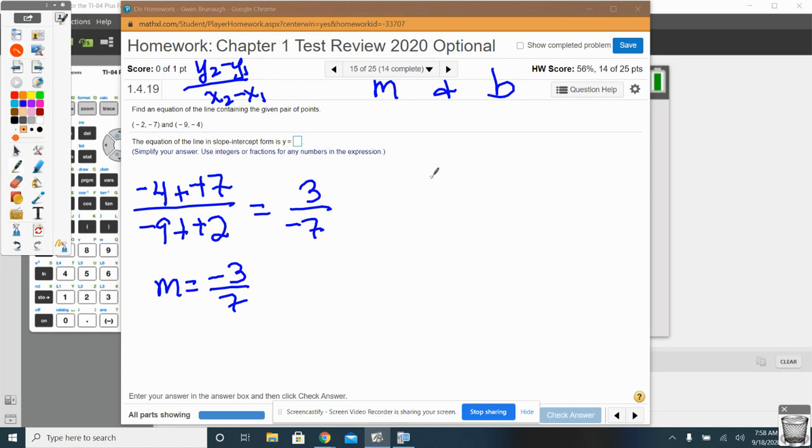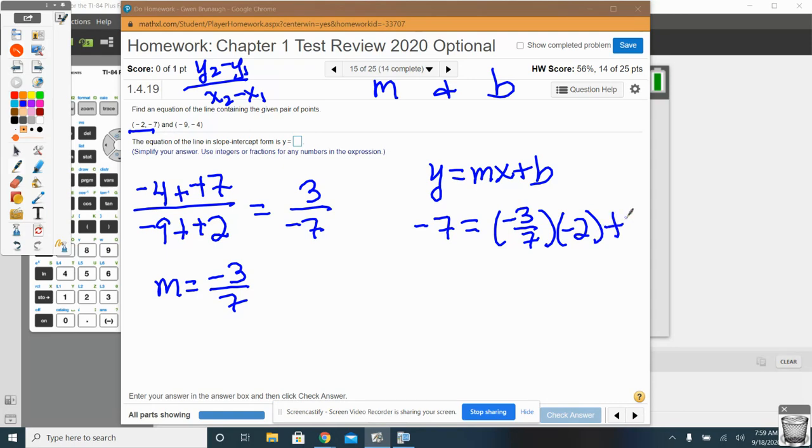Now to find b, I'm going to use y equals mx plus b. I'm going to use my slope, and I'm going to pick my favorite point. I don't like either of them very much, so I'll just pick this first one for convenience. So it'll be negative 7 equals negative 3/7 times negative 2 plus b. I can type negative 3/7 times negative 2 in my calculator. I'm going to hit math 1 to change it to a fraction. That's negative 7 is 6/7 plus b.